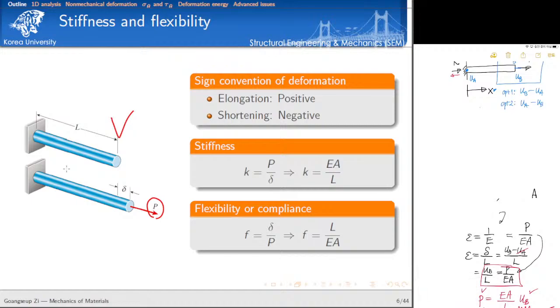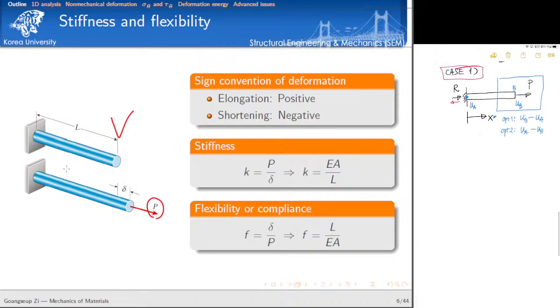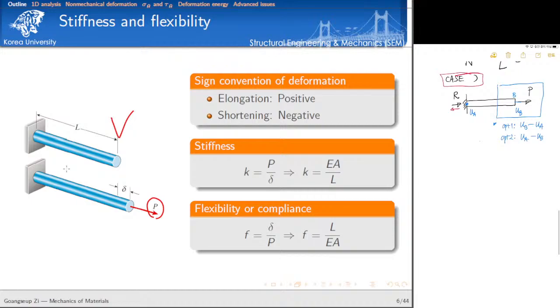Okay, now instead of using this coordinate system, this is case 2, second choice.